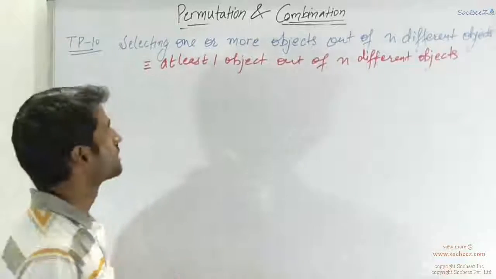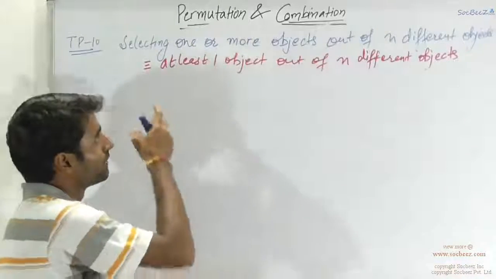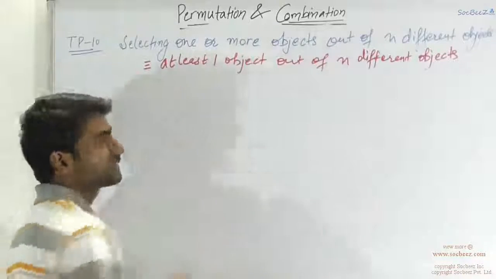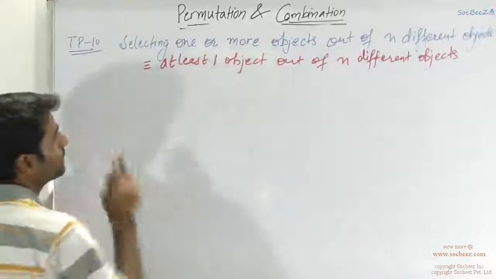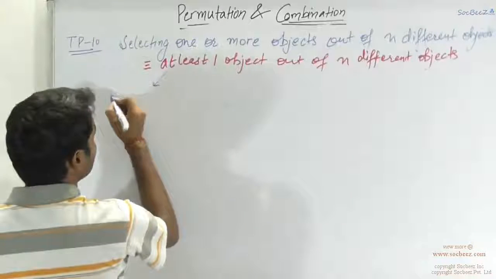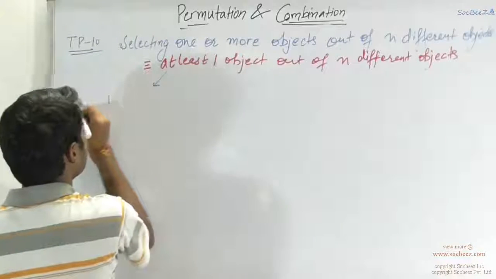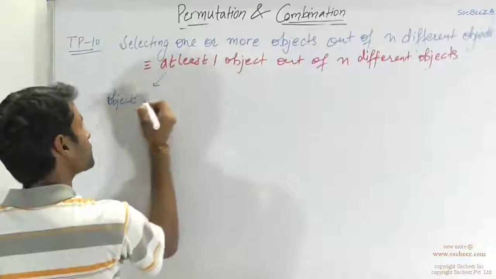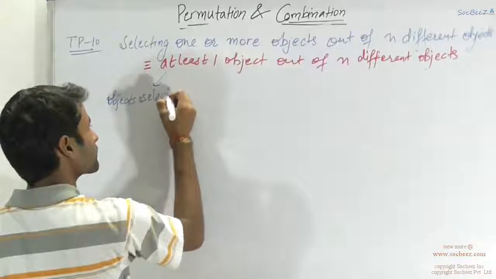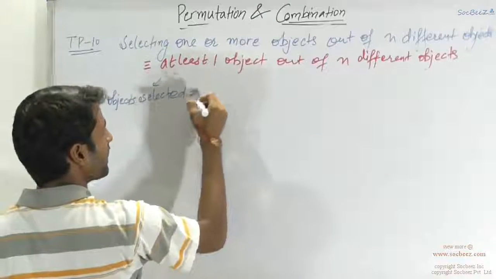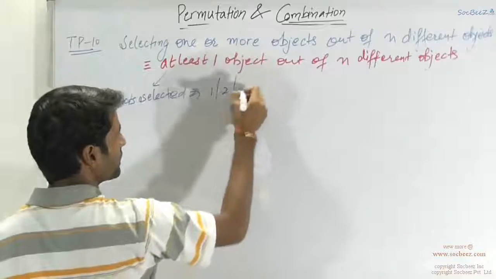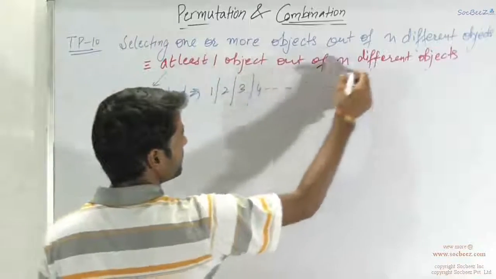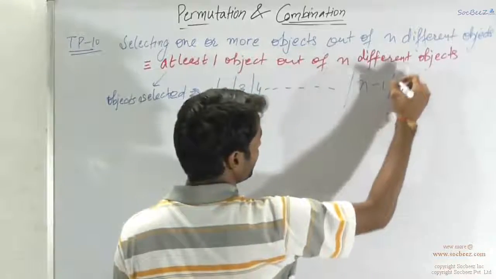So as we discussed in the previous lecture, whenever you are given a situation of at least, you have to just form the cases. So what would be the cases in this? You choose either one. So objects selected are either 1, either 2, either 3, either 4, similarly like this, either n minus 1 or n.